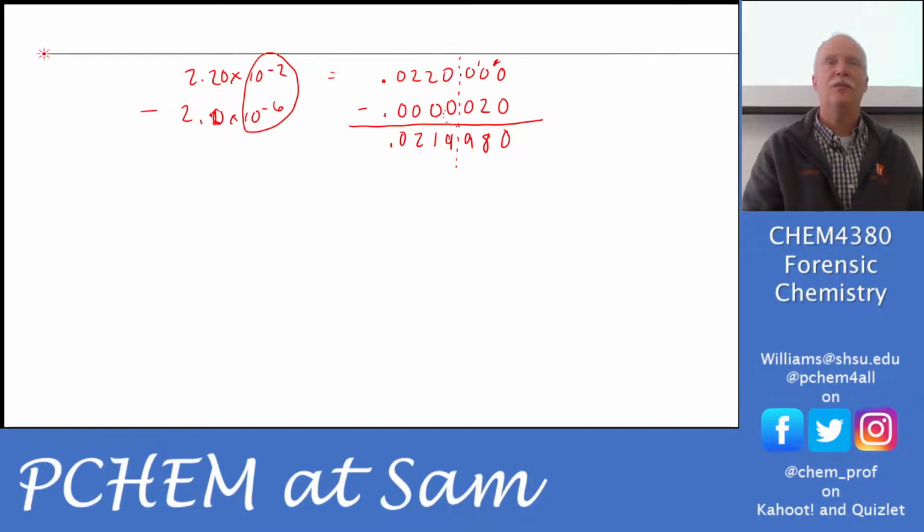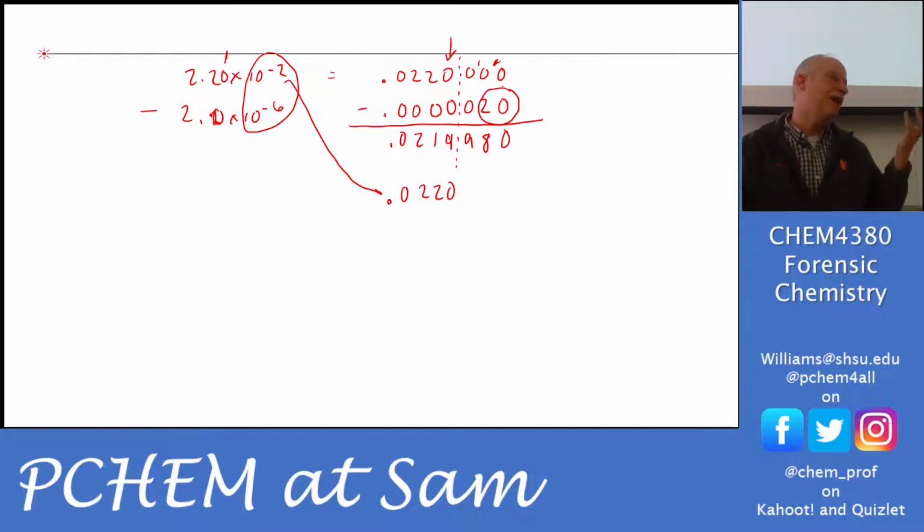Whenever we're doing subtraction and addition, in decimal places, we keep track of the decimal places, not the significant figures. So when I round this, I end up with 0.0220. It's as if nothing happened. That's because if I'm uncertain in this digit right here, I have no idea if I've subtracted this, so I can't detect it.